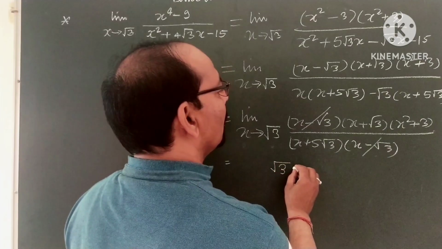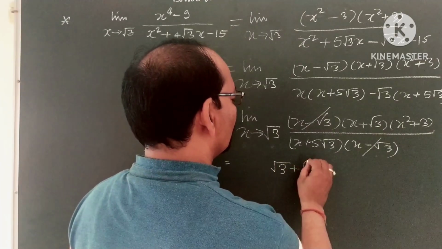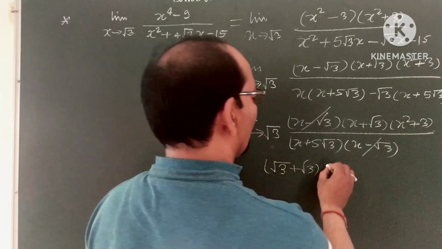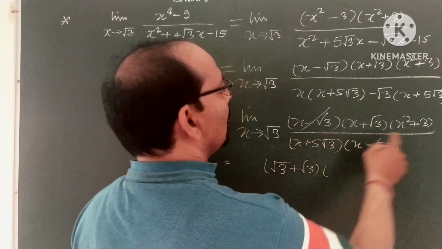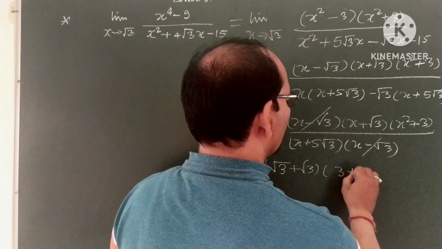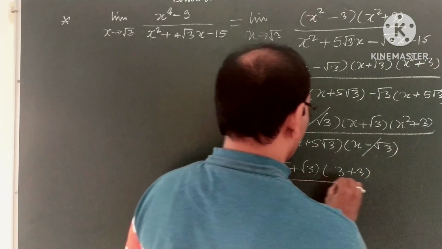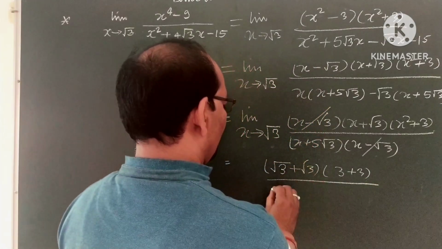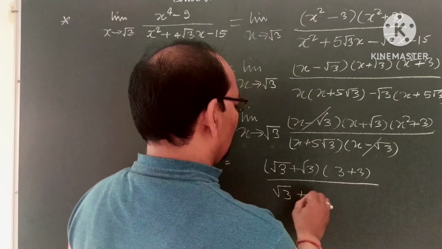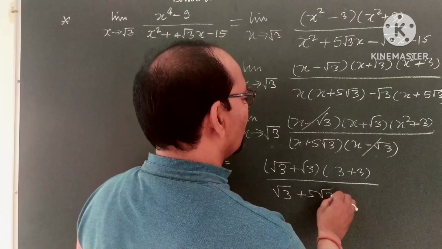the limit root 3 plus root 3 and root 3 x here, there will be 3 plus 3. Here will be root 3 plus 5 root 3.